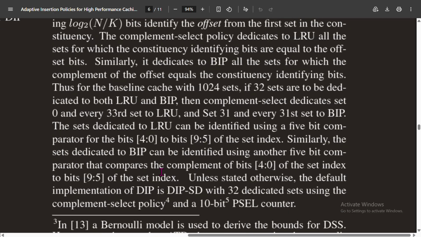The sets dedicated to LRU can be identified using a 5-bit comparator for bits 4 to 0 and bits 9 to 5 of the set index. Unless stated otherwise, the default implementation of DIP is DIP-SD with 32 dedicated sets using the complement select policy and a 10-bit PSEL counter.